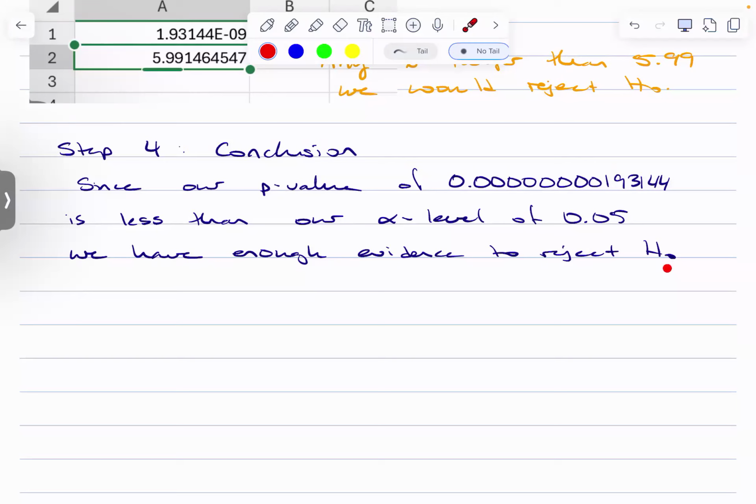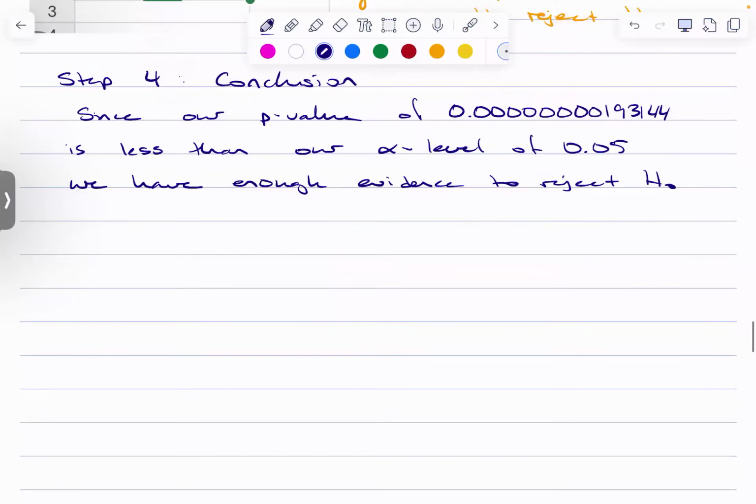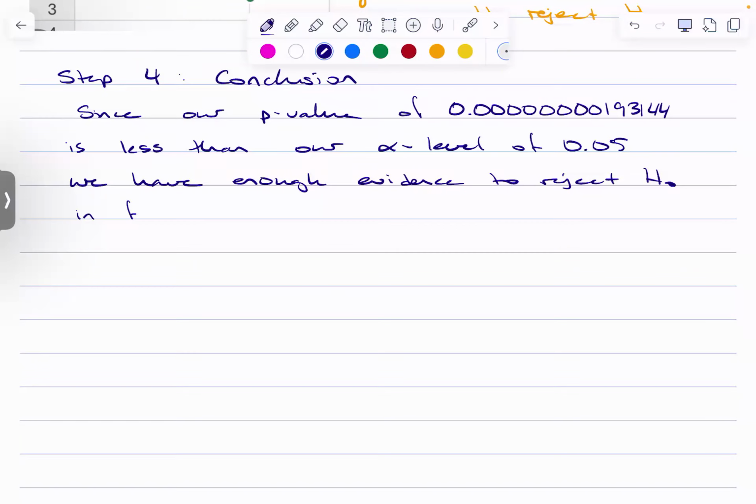And so if it simplifies things, you could just put a period here. You either have enough evidence to reject H naught or you do not have enough evidence to reject H naught. And those are your only two options. But I'll say in favor of HA. If I'm opting for the alternative hypothesis, then I can just state that as my conclusion.